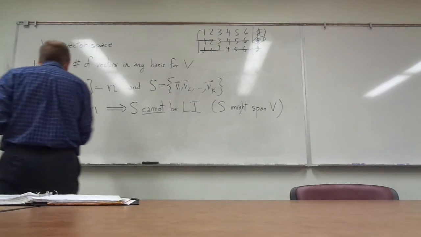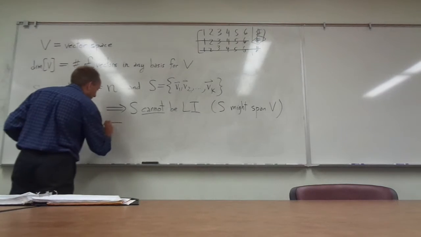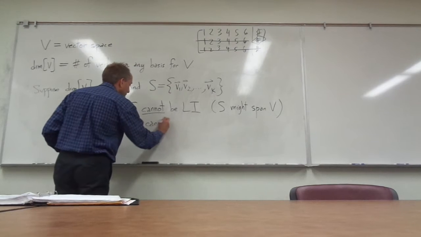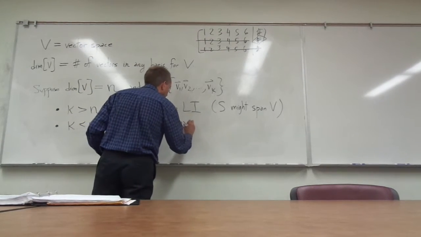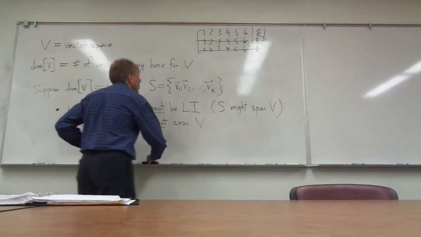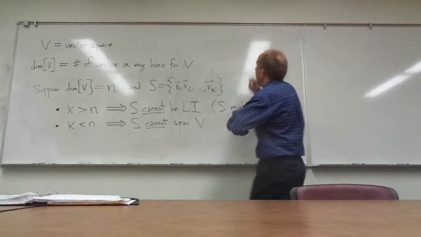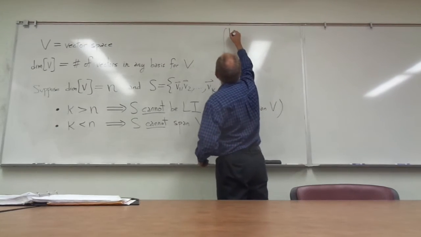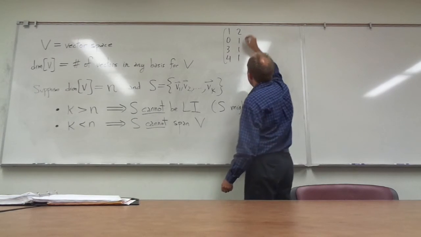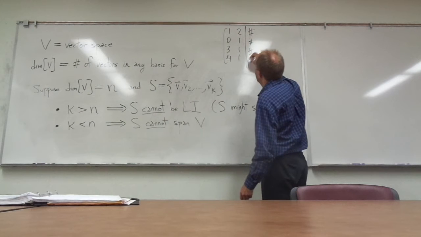On the other hand, what if k is smaller than n? Well, in this case, S cannot span V. This would be the case of, let's say, a tall skinny matrix. So if I had something like this, 1, 0, 3, 4, 2, 1, 1, 1 or something, and suppose we were trying to span our space here.